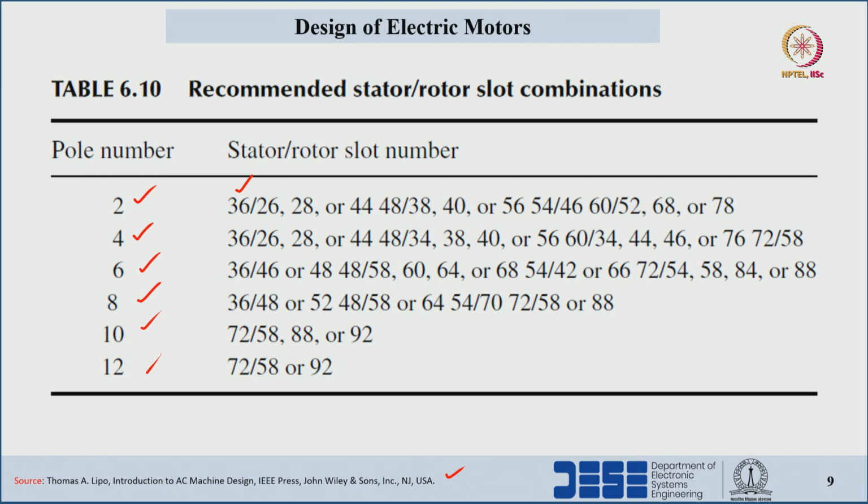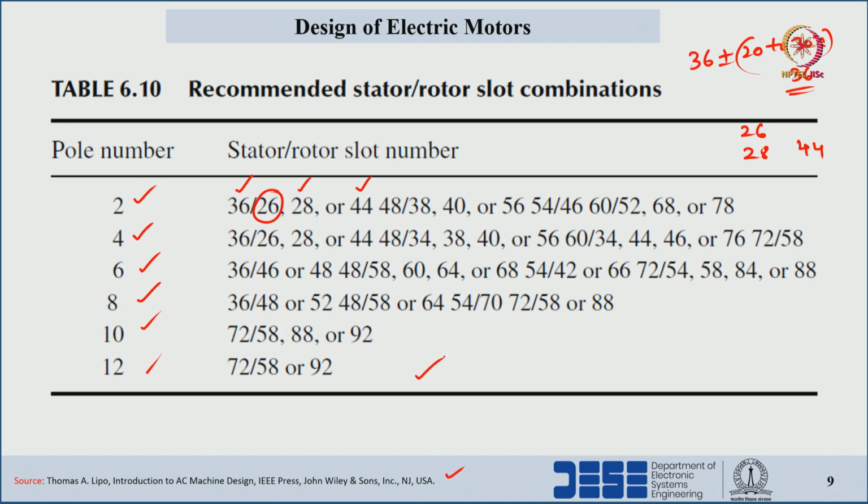Then we can consider 26 rotor slots, or 28, or 44 rotor slots, like 36 plus or minus 20 to 30% of Qs, that is 36 again. If we calculate that, we can get either 26 or 28 or 44 slots. Like that, with respect to the standard stator slot numbers, we can find the rotor slot numbers.